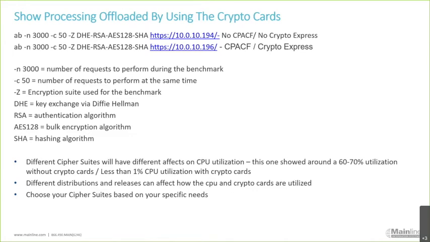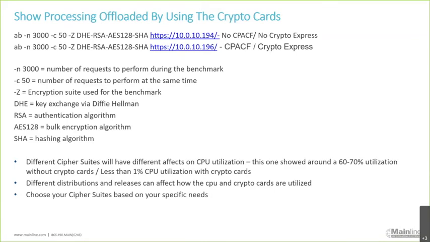It allows me to set how many requests to run, how many requests get performed at the same time, that kind of stuff. There are many different ways you can test this. OpenSSL has built-in utilities that you can use to do testing as well.